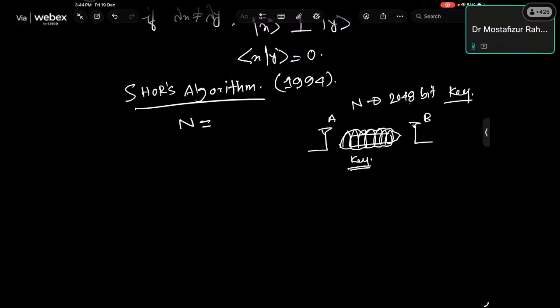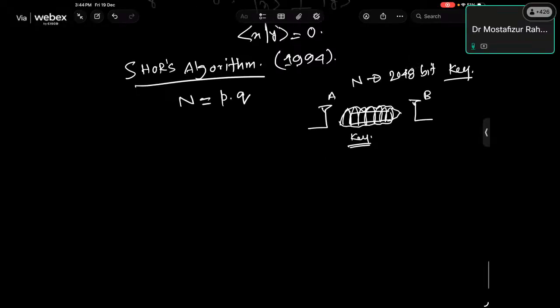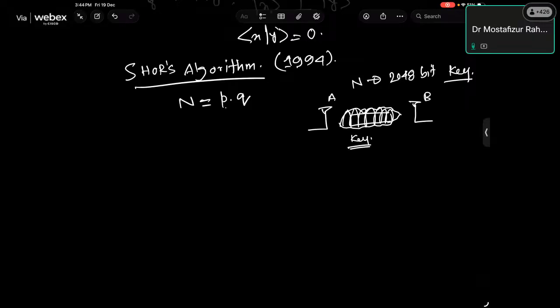So this number is designed in a way that it is a product of two prime numbers P and Q. It is a big number chosen as the product of P and Q, but it is extremely hard to find out what P and Q are, these prime numbers, right?